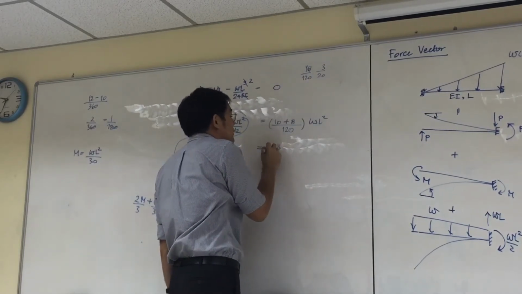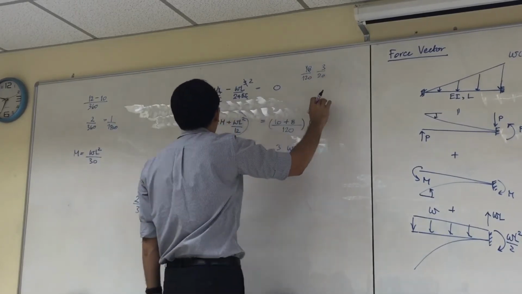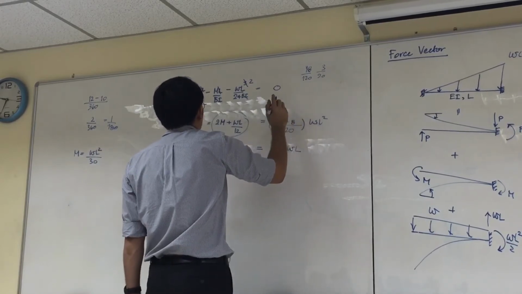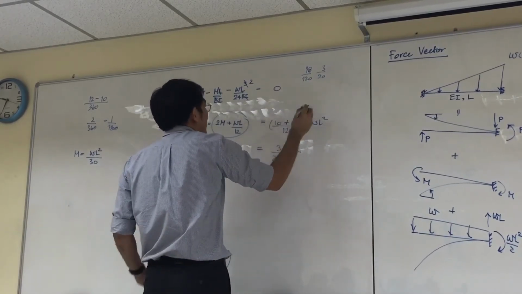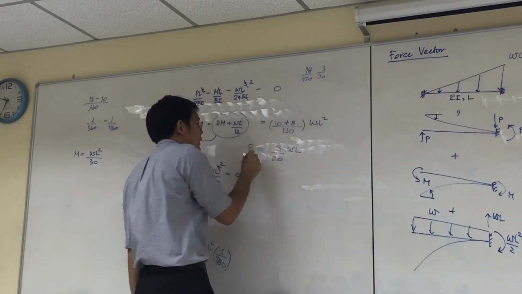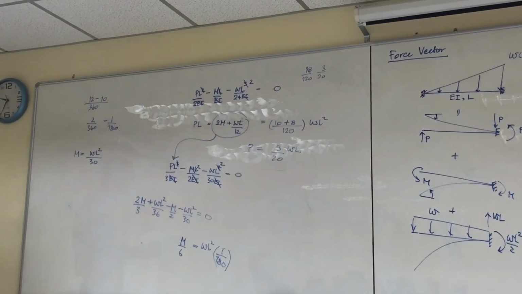So 3/20 WL. Wait, not square. It is square, but then it is cancelled out. So P is equal to 3/20 WL.